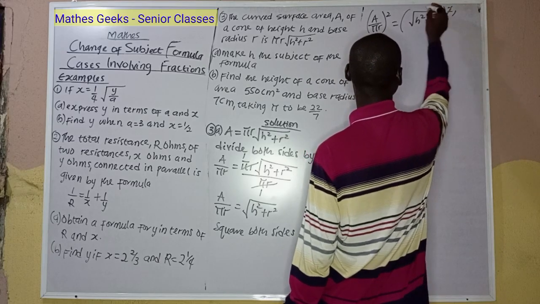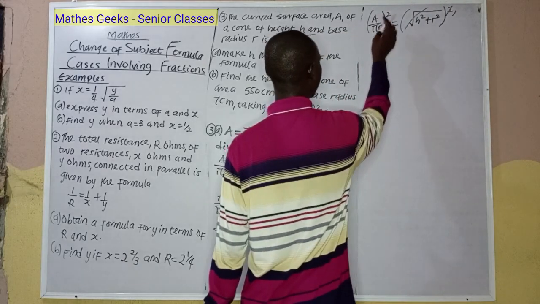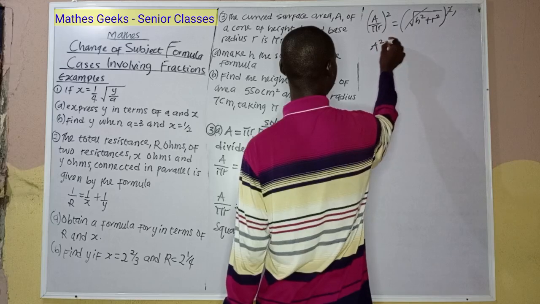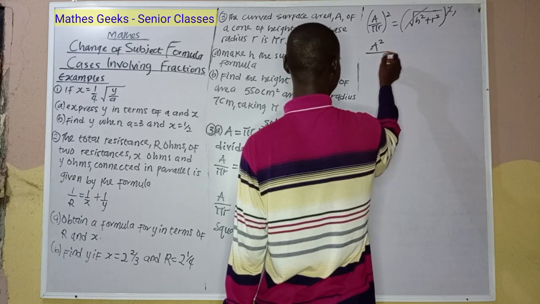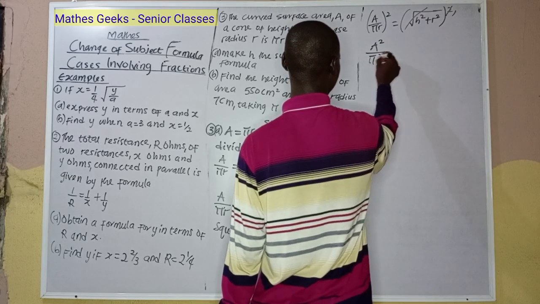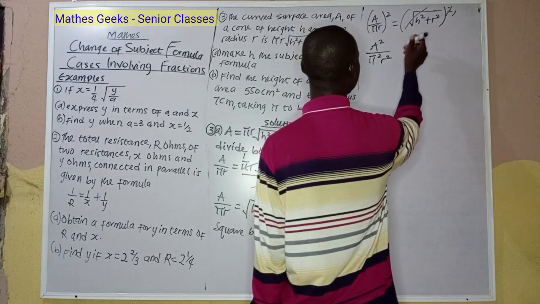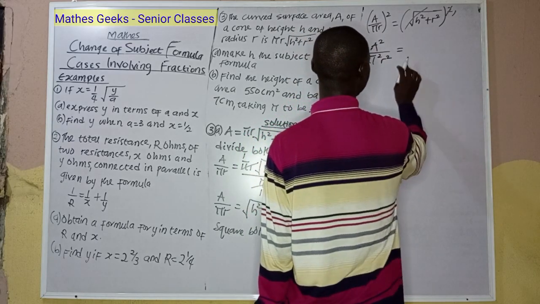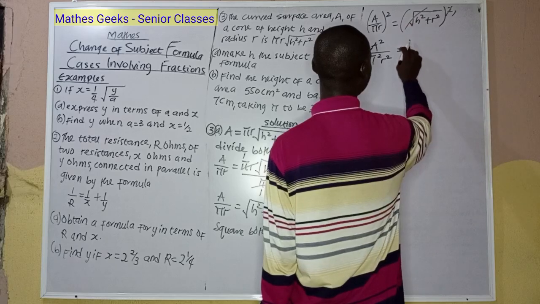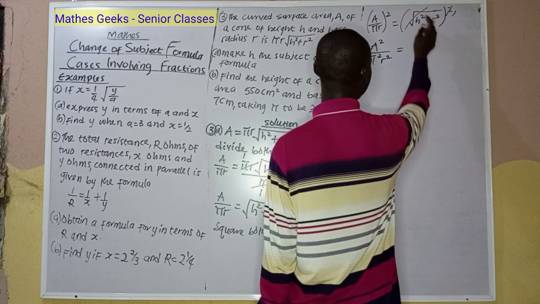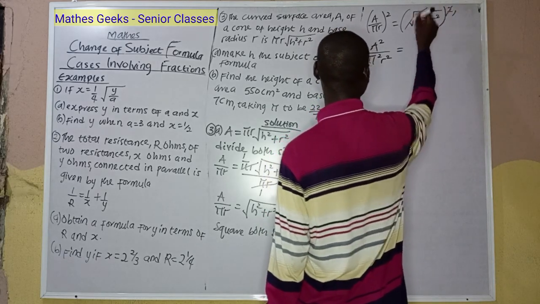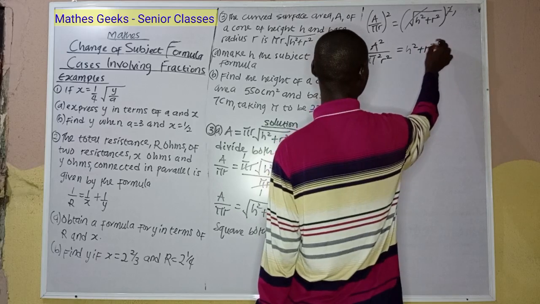So the 2 will cancel the square root. So A raised to power 2 will give us A squared over pi squared r squared, and then this will give us h squared plus r squared.